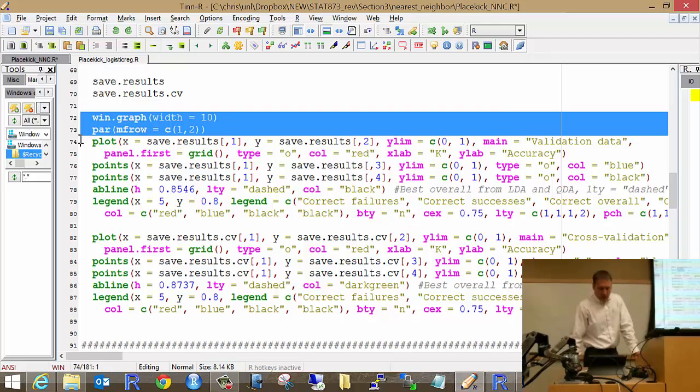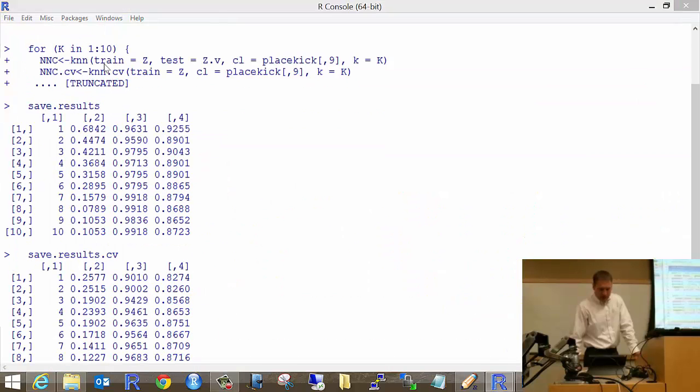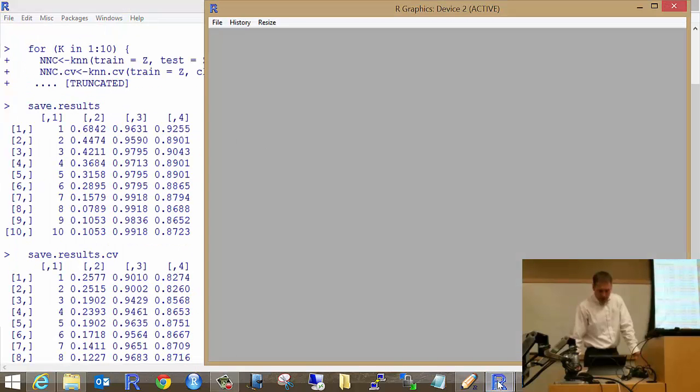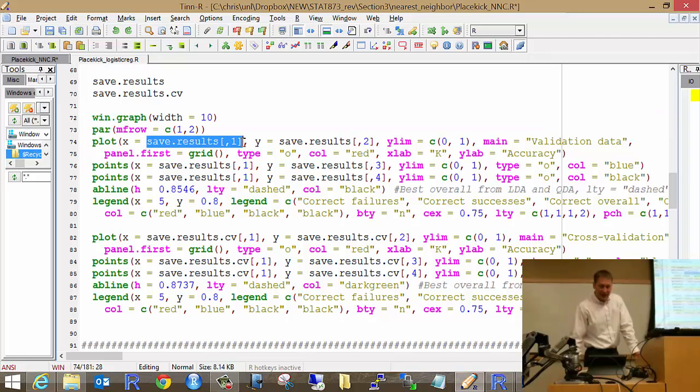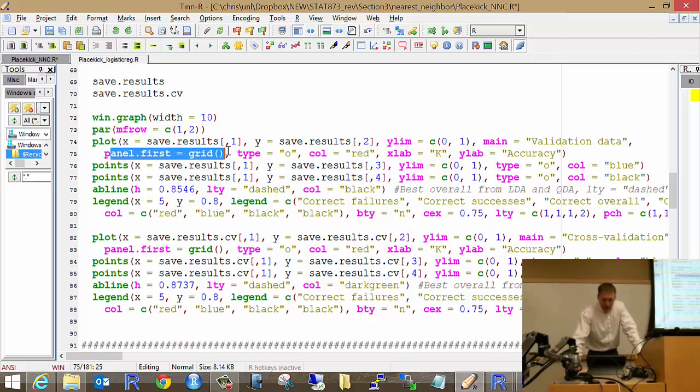Okay, so the first thing I'm going to do is a plot, actually get a graphic sheet up. I am going to plot K on the x-axis. On the y-axis, I'm going to put the correct classification rates for the failures. I'm going to control my y-axis limits to be between 0 and 1, because that's the numerical range for classification rates. I put some nice little grid lines on my plot.